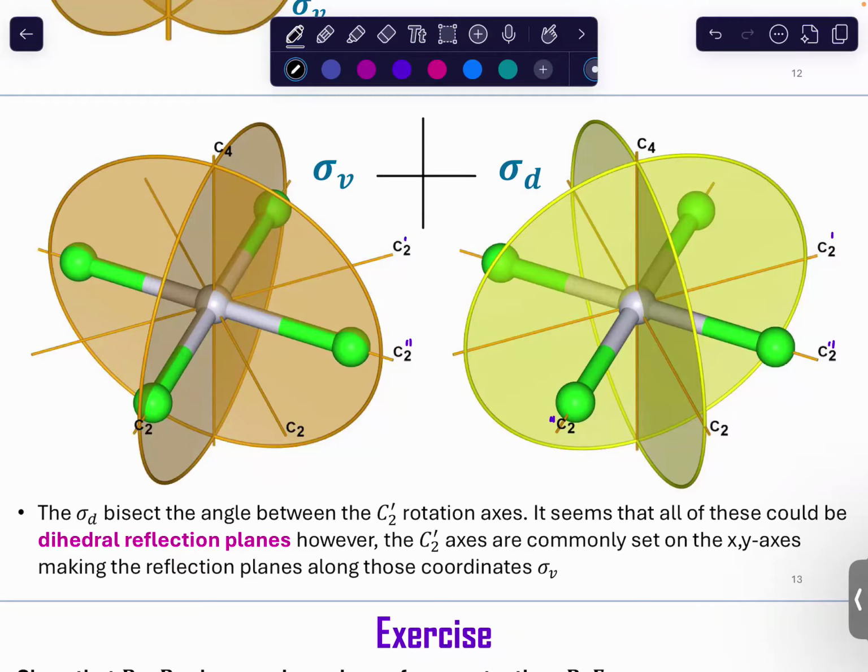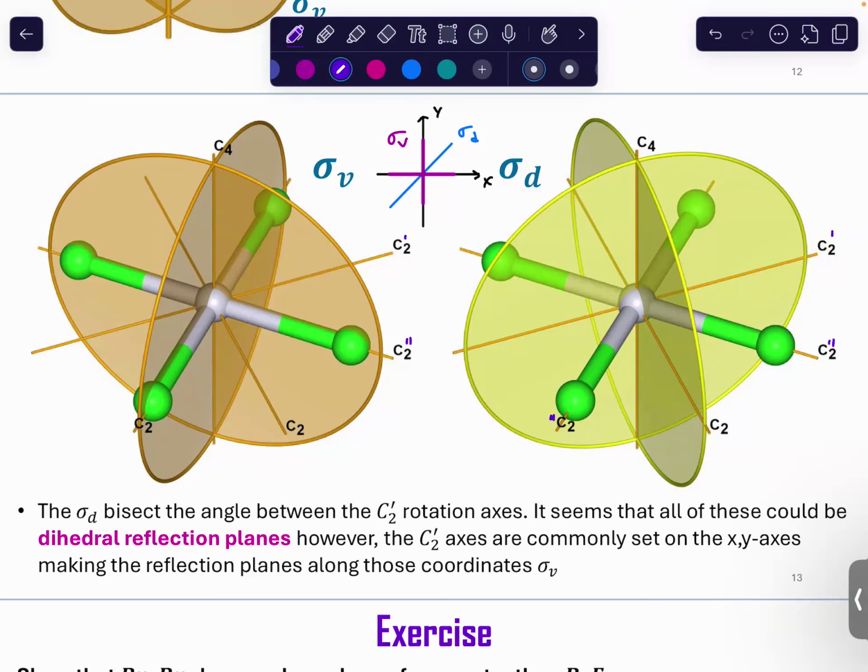We can't get a whole plane because it's just two dimensions, but if I cut between two C2 axes, then I have a sigma D. If I cut along either of the coordinates, you're looking at a sigma V. Really, these are just conventions that have been developed and adopted over the years. It's just helpful to know the lingo so that you can follow along.